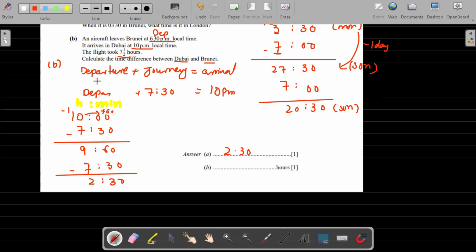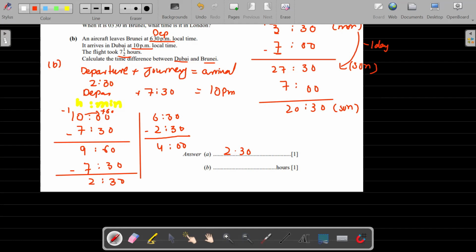This is the departure time of Dubai. Dubai has departure time 2:30. Let's subtract them. After subtraction, the time difference will be 6:30 minus 2:30, so 6 minus 2 is 4.